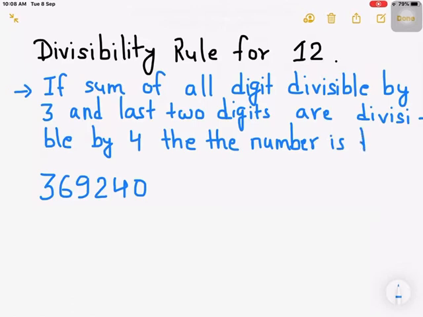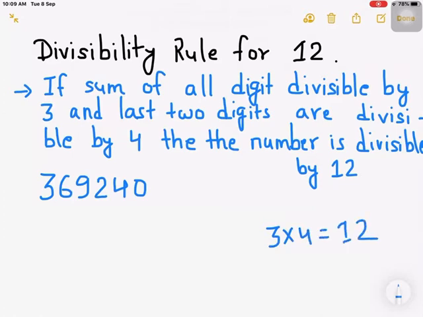What are the multiplicands to get the product 12? Do you know? 3 fours are 12, isn't it?